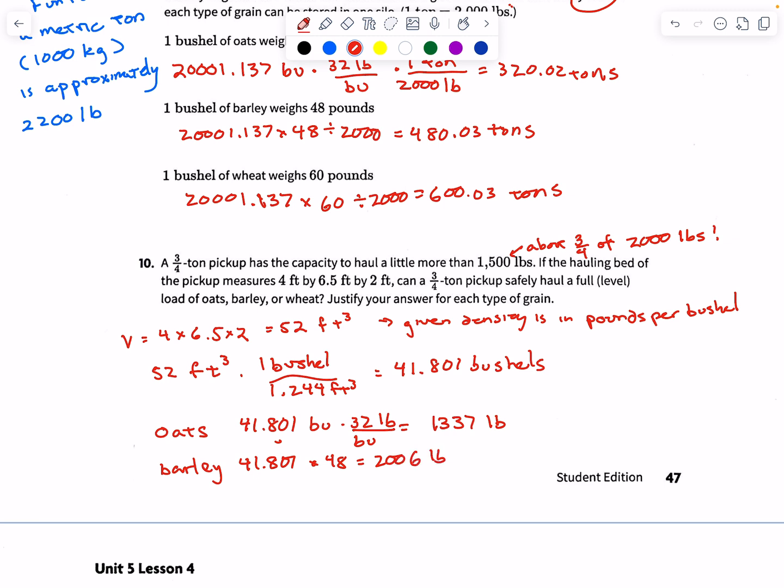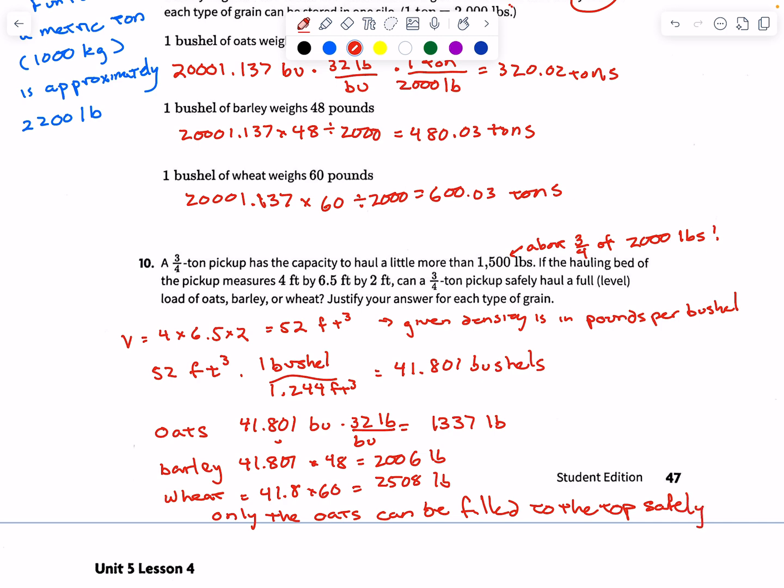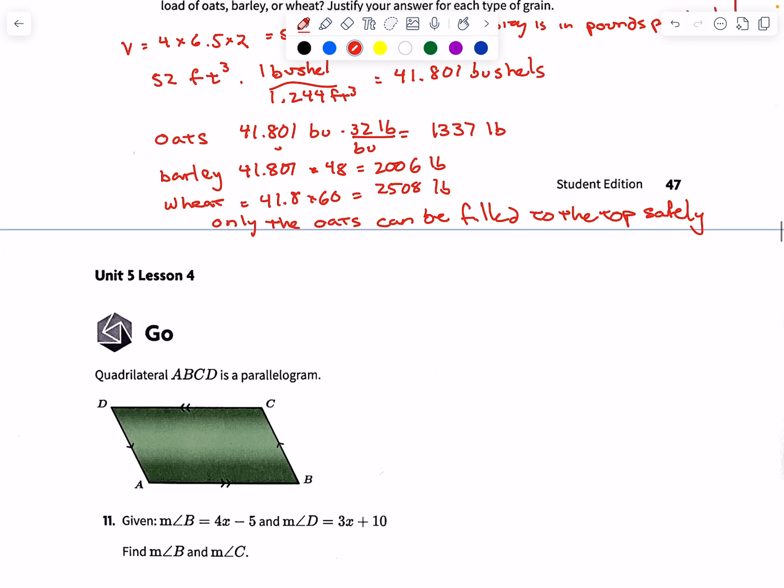Okay, that's too big, and wheat is even heavier. Okay, now you know. Be a farmer.